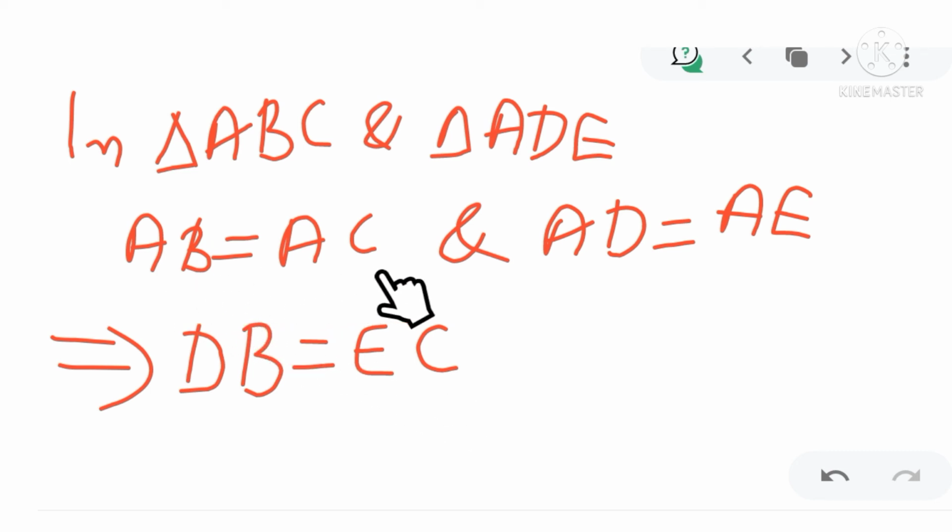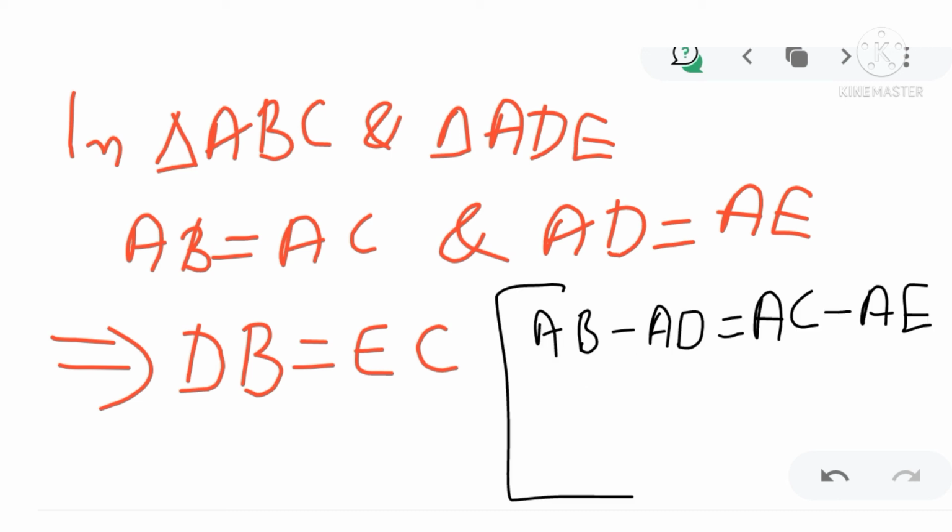Since AB equal to AC among triangle ABC and ADE, AD equal to AE, then if we subtract AD from AB, that is AB minus AD equals AC minus AE. Then what is AB minus AD? That is DB. So DB is equal to EC.